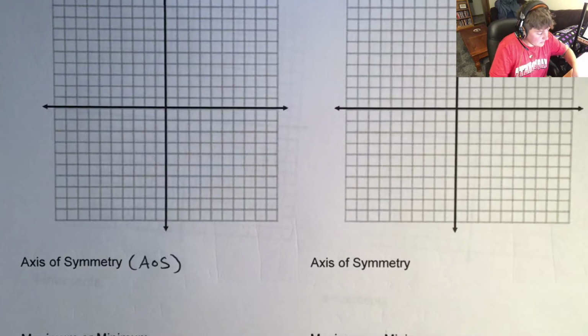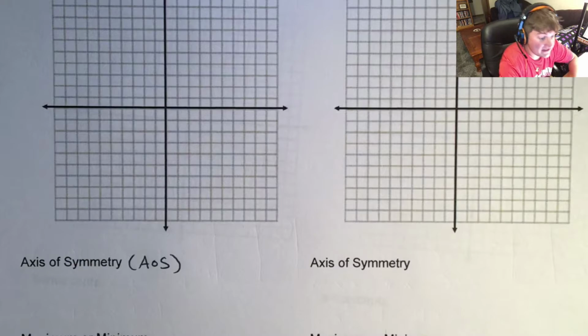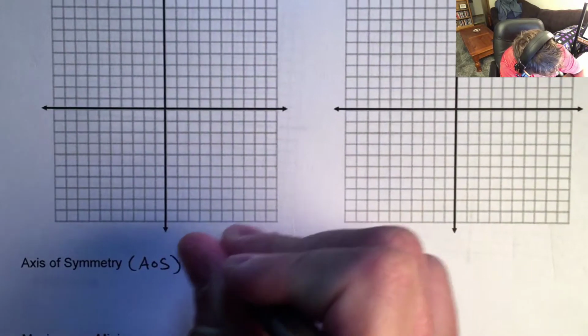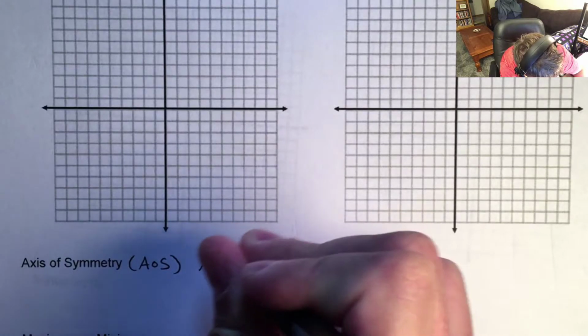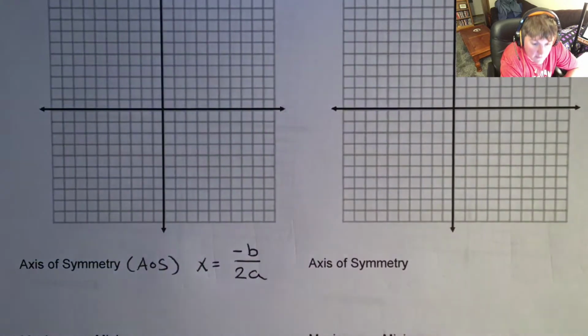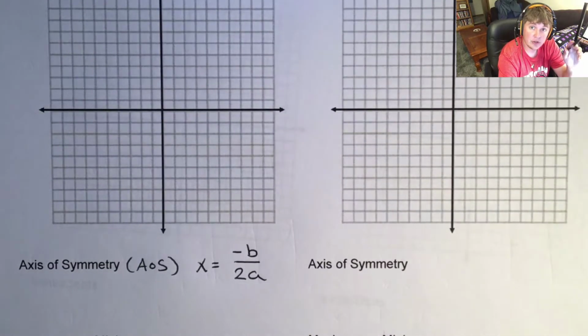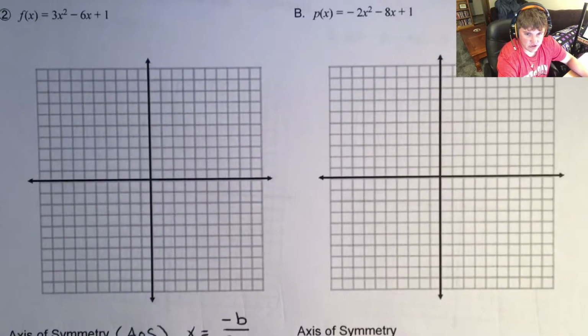So the axis of symmetry follows a very, very distinct pattern, and it is always this. X is equal to the opposite of b divided by 2a. Okay, so once you figure that out, you're going to figure out what x value your axis of symmetry is going to go across.